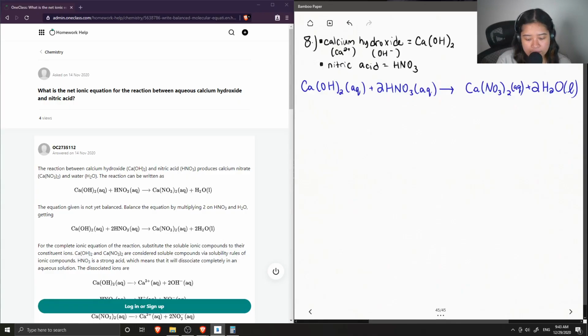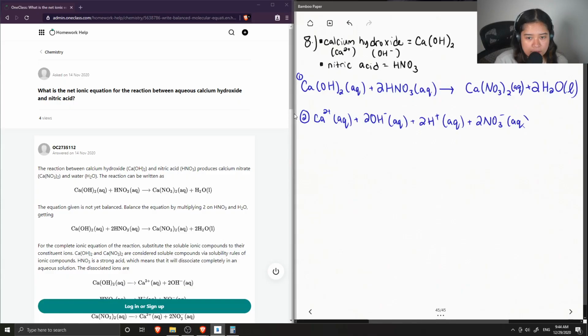Okay, so now that everything is balanced, next we have to separate all of the compounds into their ions if they are an aqueous solution. So in the case of calcium hydroxide, this breaks down into calcium 2+ plus 2 OH- ions plus 2 protons plus 2 nitrate ions.